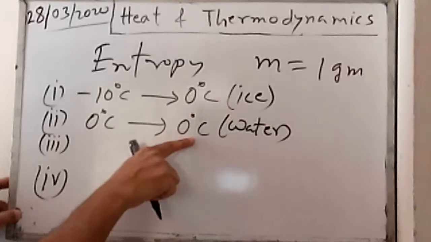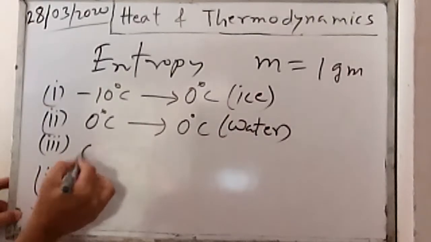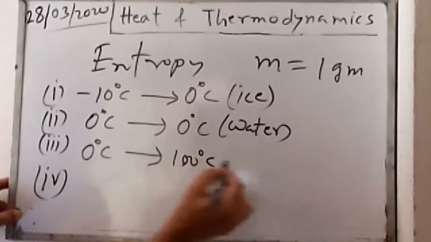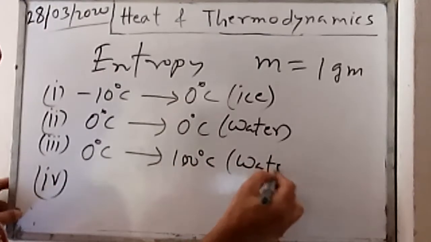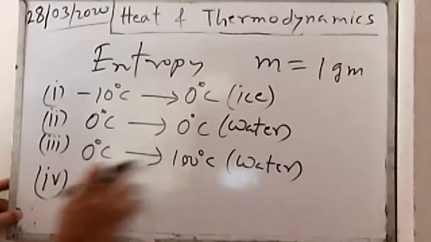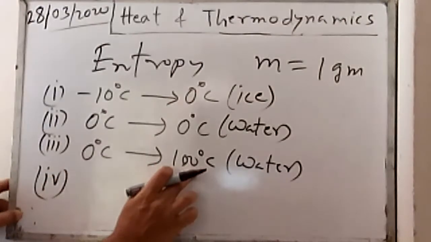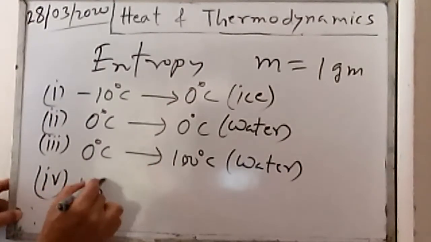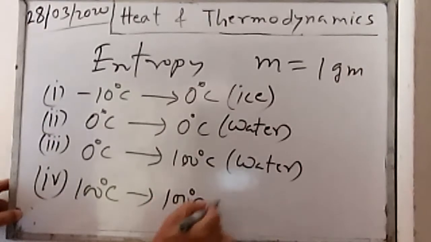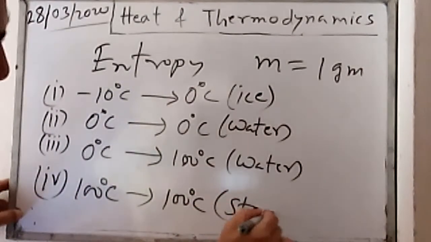This is ice, but this is water. And 0 degrees Celsius to 100 degrees Celsius water. Both temperatures for water. Now 100 degrees Celsius water to 100 degrees Celsius steam.